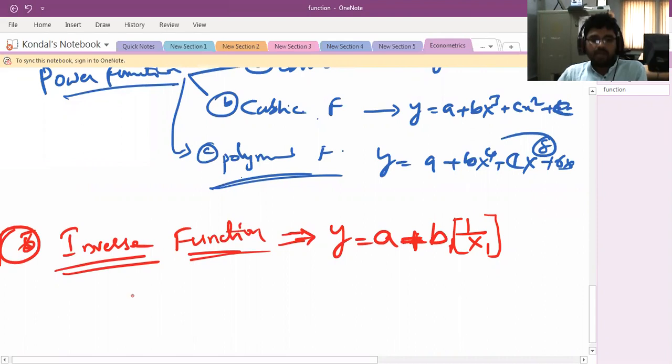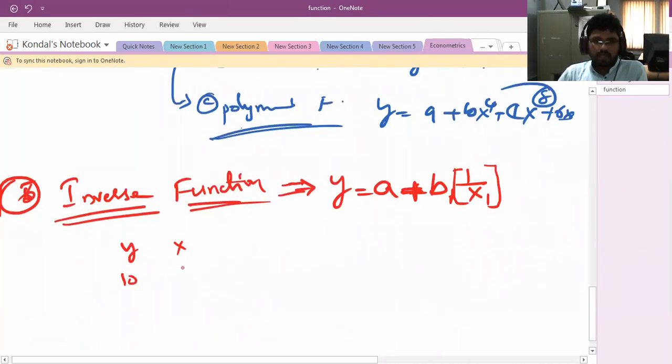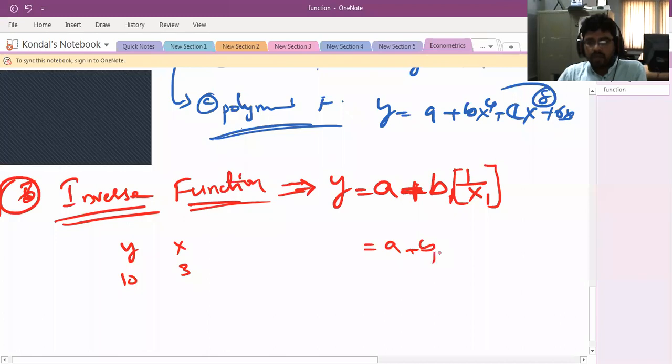For example, when you take y value and x value, say y is 10, x is 3, like that. So the x value should be like this: a is equal to b into 1 by 3.